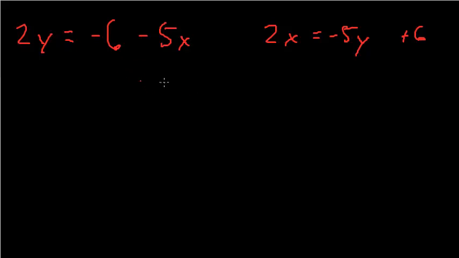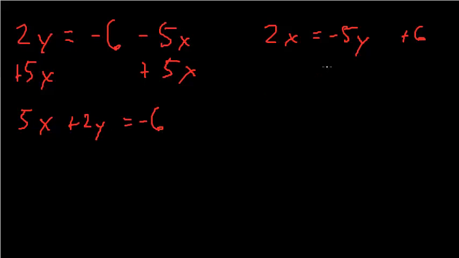So I'm going to do that. I'll add 5x to both sides here, and I get 5x plus 2y is equal to negative 6. Here I will add 5y to both sides, and I have 2x plus 5y is equal to 6.